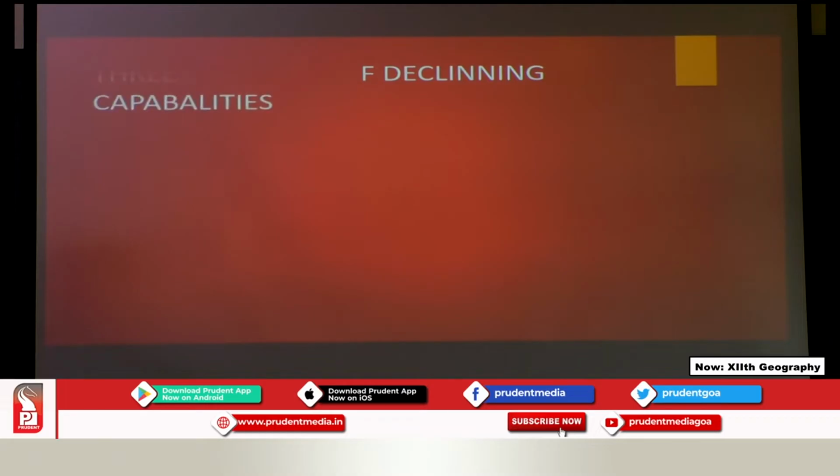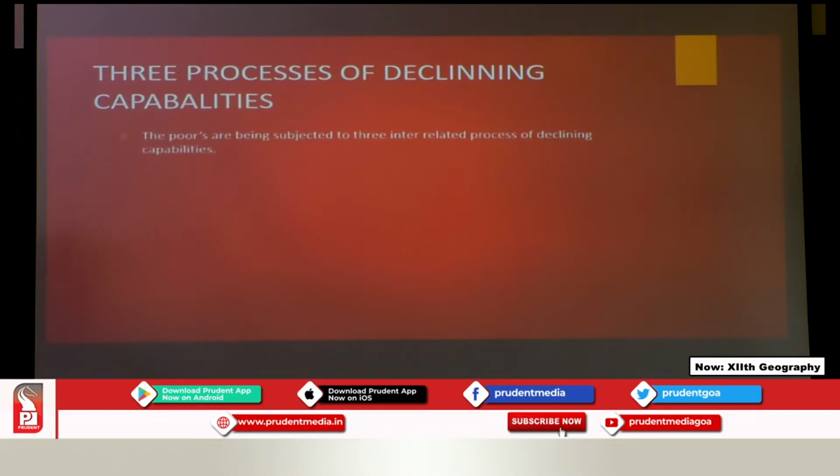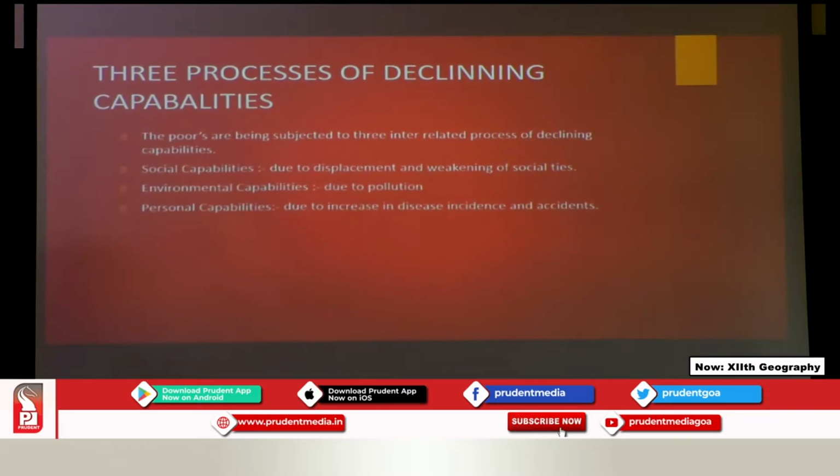The next very important topic is the three processes of declining capabilities of the poor people. Which are the three processes responsible for declining the capabilities? One is in terms of social capabilities. This is due to displacement. For example, if you are constructing a multi-purpose project, an airport, or a dam, people are displaced and forced to move from one place to another.